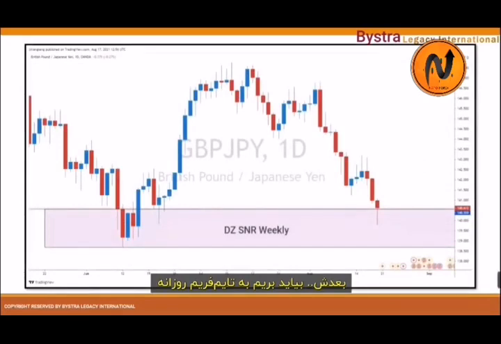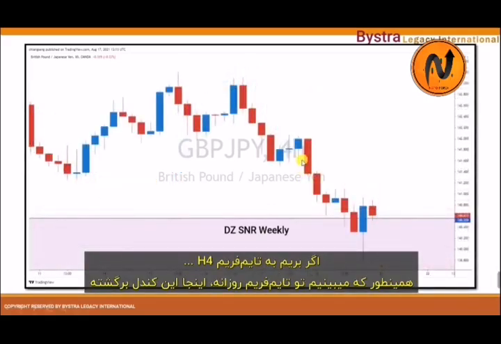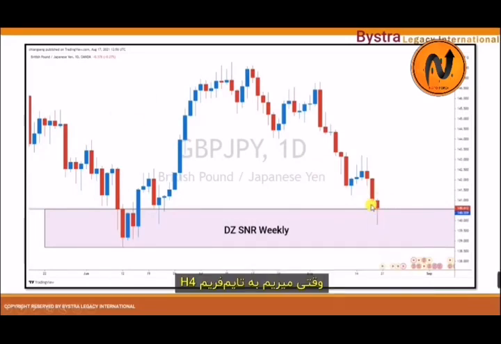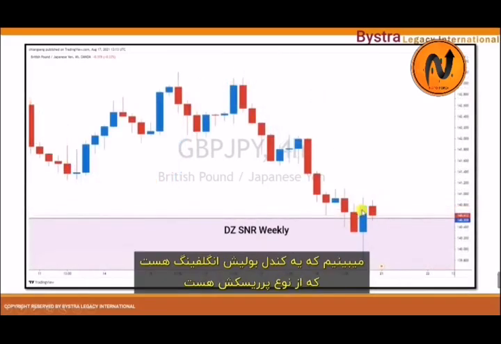Next, let's go to the daily time frame. We want to look for confirmation of rejection. Here I want to give you an example. If we go to the H4, as we can see at the daily here, it rejected. As we go to the H4, we can see that there is a bullish engulfing, which is the high risk type.